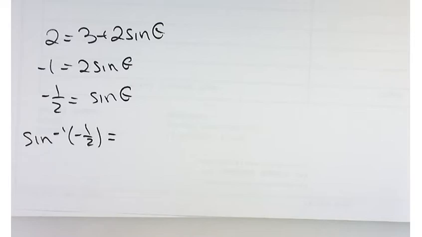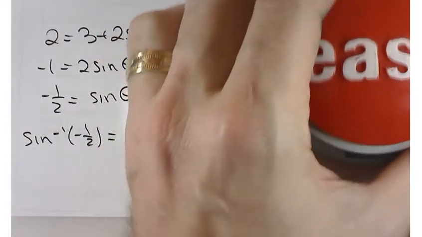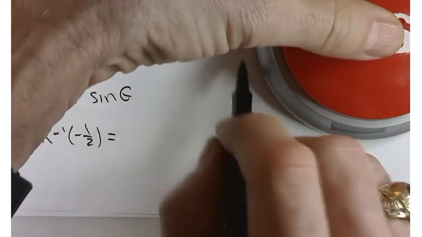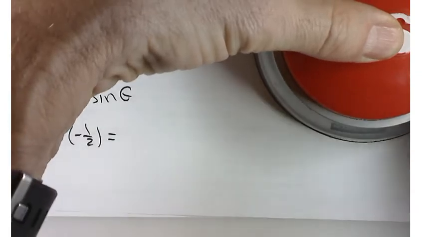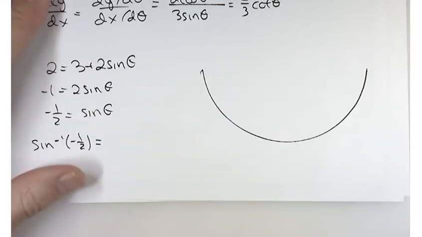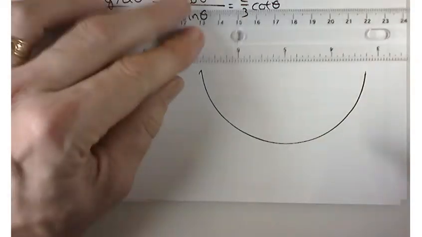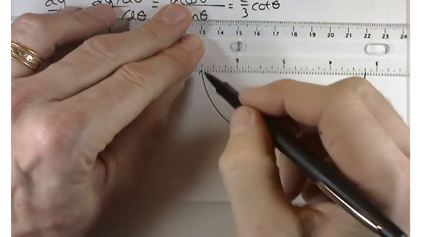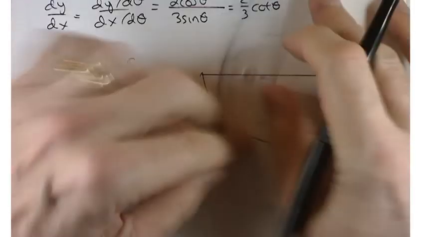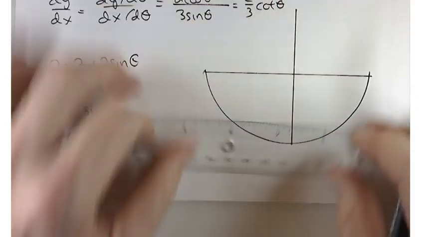Well done. I'm impressed. So there's really two solutions here. Let me remind you about that. Remember when you're solving an equation like this on the unit circle, you're really looking at where the y-coordinate is negative 1/2.